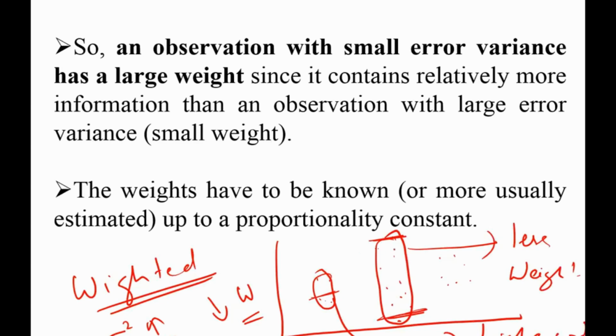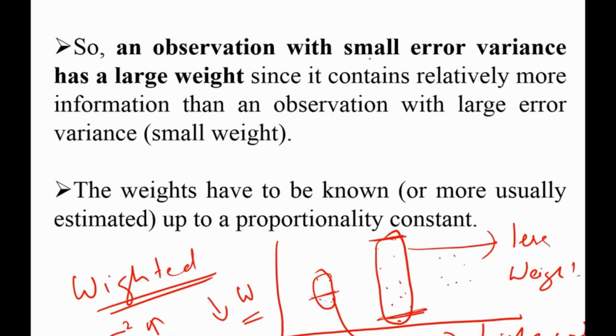That's the idea here, and that's why in ordinary least squares, irrespective of whether an observation has high variance or low variance, or the error term has high variance or low variance, you will get the exact same weight given to each observation in the estimation process. Whereas in weighted least squares, the weights are given differently.